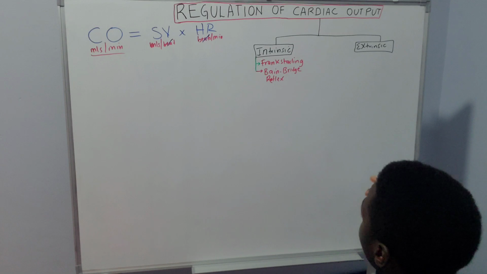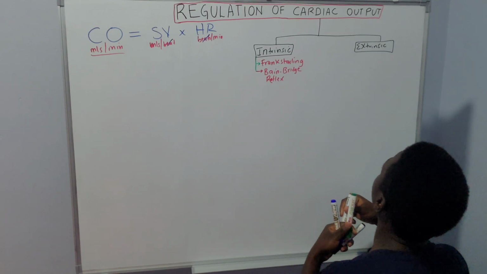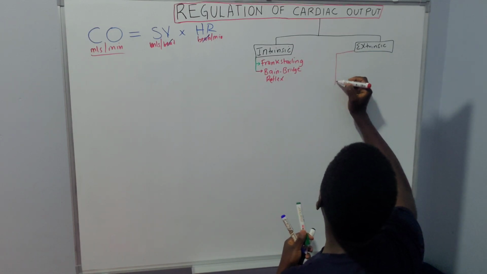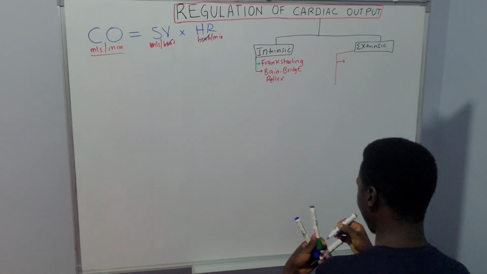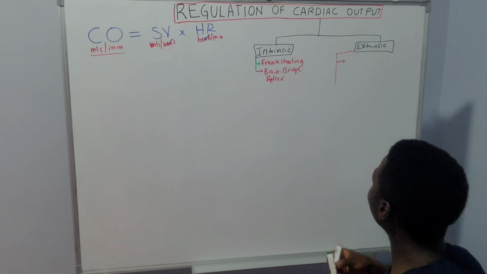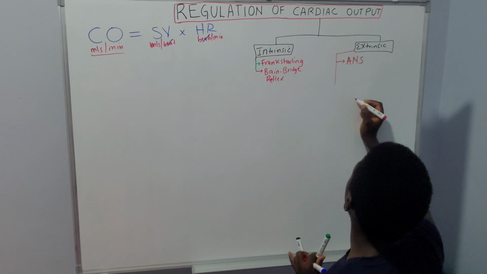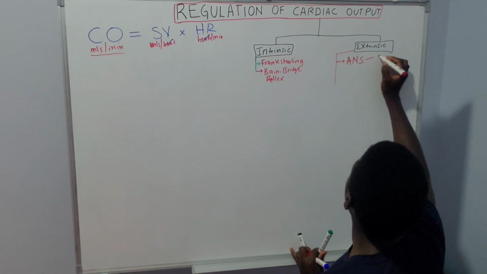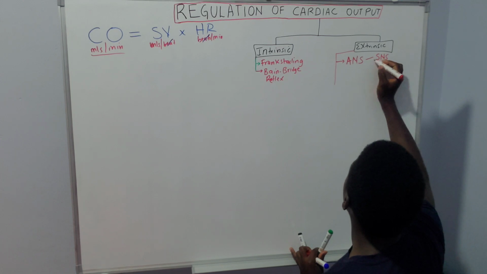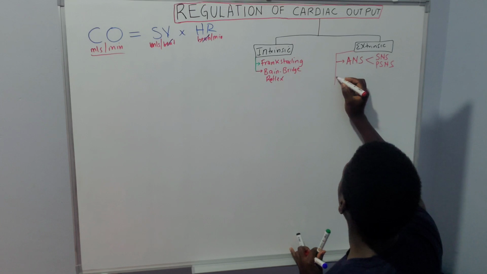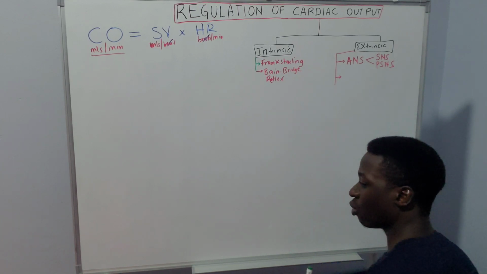So under the extrinsic, these ones are quite many. One, there's a role of the autonomic nervous system, the ANS, which we know is comprised of the sympathetic nervous system and the parasympathetic nervous system, okay. 2, we have a role of ions.